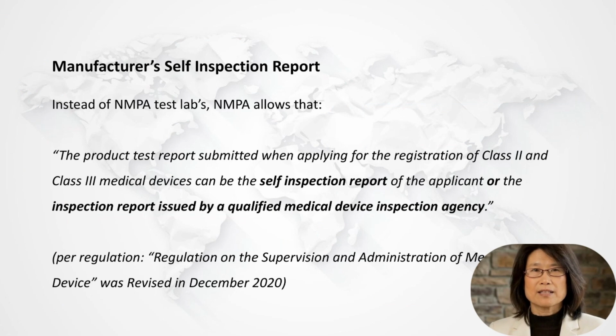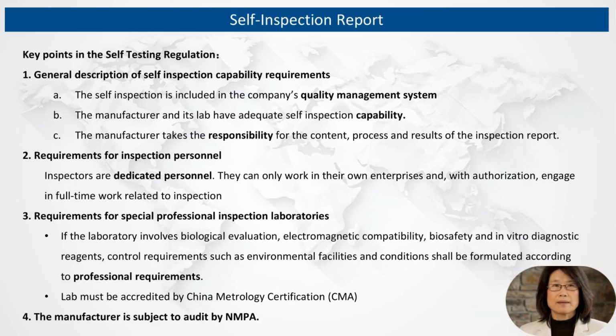For a company that is capable of testing in-house, NMPA does allow manufacturers to submit their own inspection reports instead of testing in China. Let's see the requirements and limitations in the next 2 slides. Here are a few key requirements in this self-inspection regulation. First, the manufacturers must integrate the self-inspection into their quality management system to ensure adequate capability.